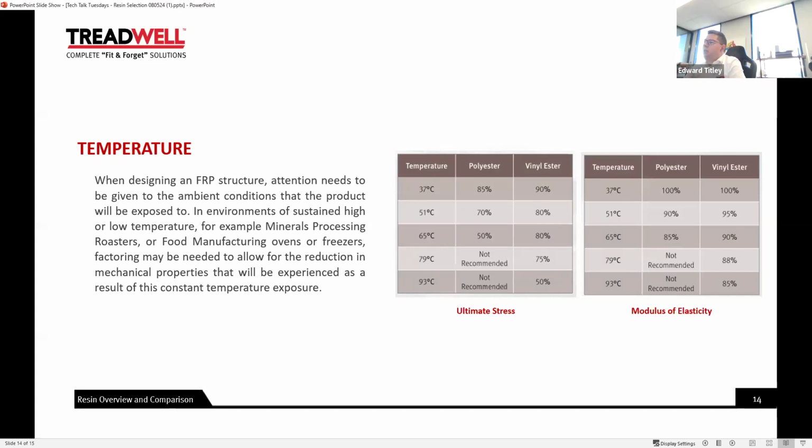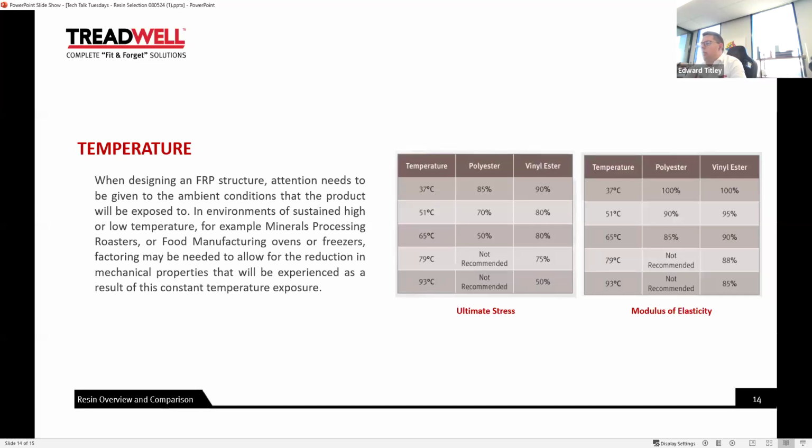So as we can see, there's a difference in the way the products react both by way of the ultimate stress capacity and also the modulus of elasticity, or E value, of the product. I won't read the chart out to you, I'm sure everyone's capable of reading, but what we can see is that at 65 degrees, by way of an example, the polyester resin is at 50% of the original ultimate stress, and the vinyl ester product is at 80%.